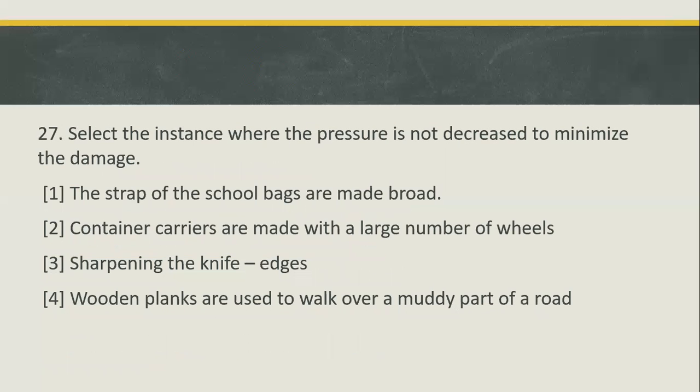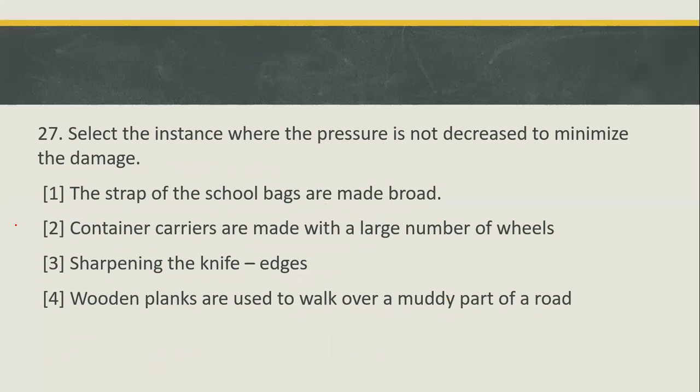Select the instance where the pressure is not decreased to minimize the damage. There are mainly two instances. The pressure is increasing and pressure is decreasing. First answer, the straps of the school bags are made broad.